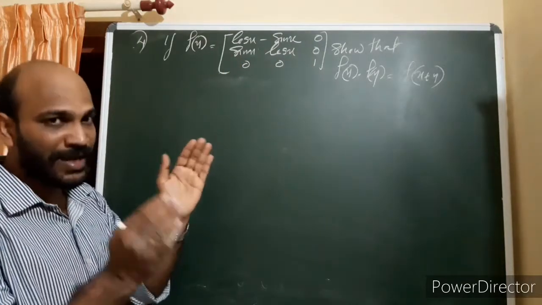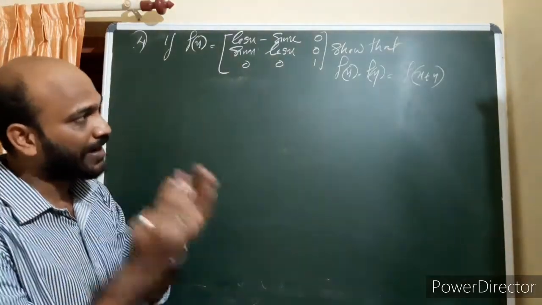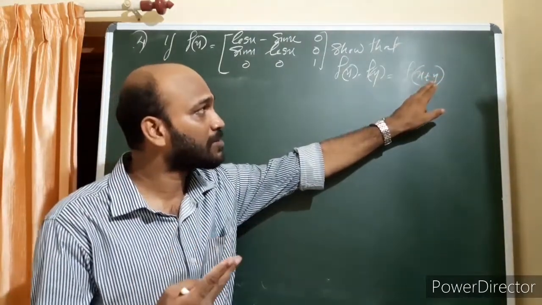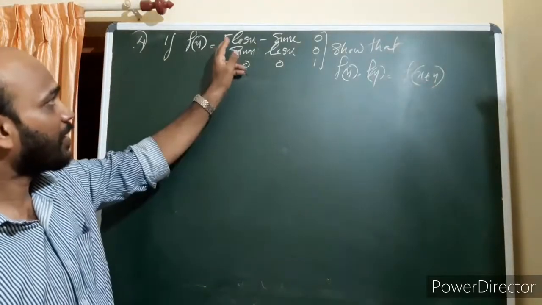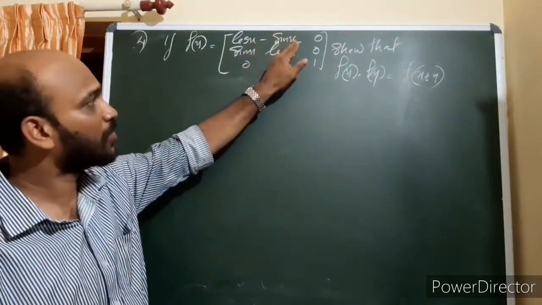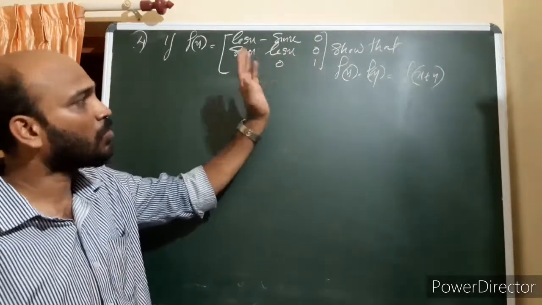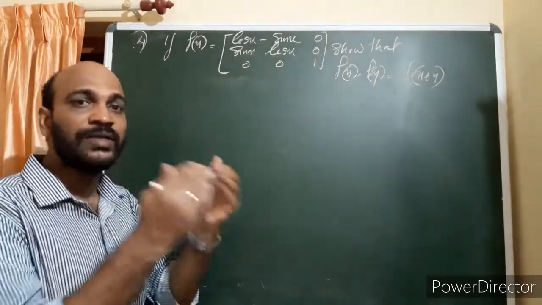If you multiply those two matrices, you have to get the right hand side as f of x plus y. F of x plus y means you have to get elements like [cos(x plus y), minus sin(x plus y), 0; sin(x plus y), cos(x plus y), 0; 0, 0, 1]. Like that matrix you have to get on the right hand side.